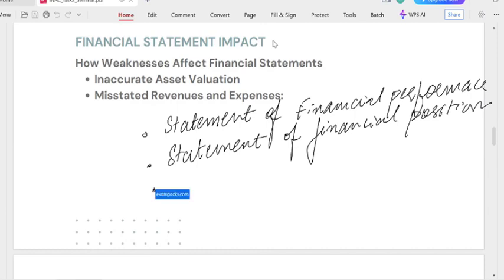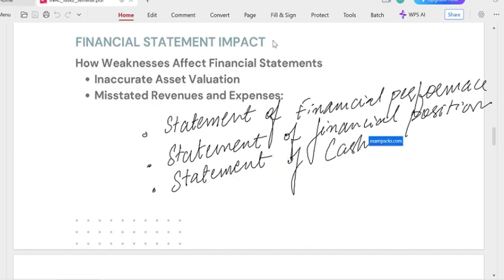We have statement of cash flows. Statement of cash flows actually tells how much cash is coming in and how much cash is going out. Then we have statement of changes in equity.